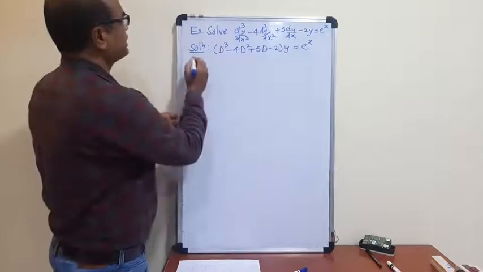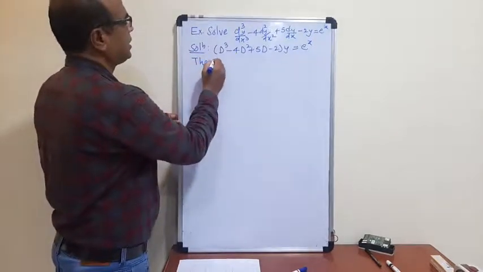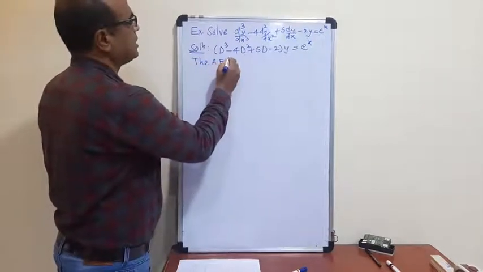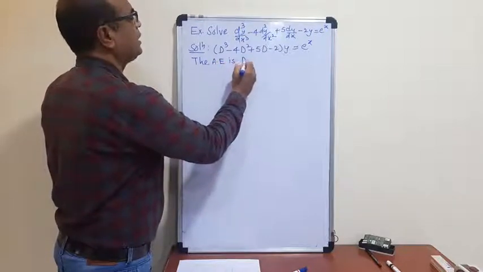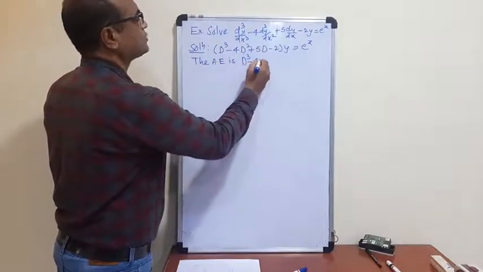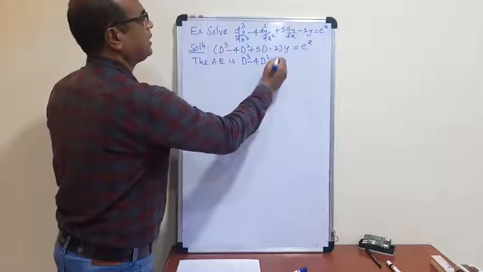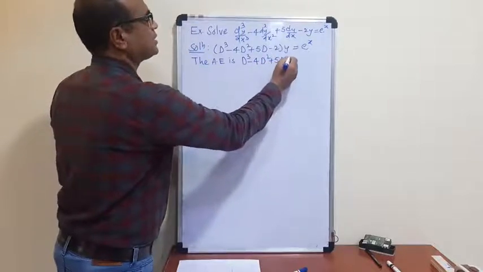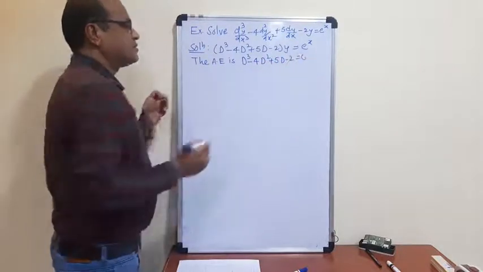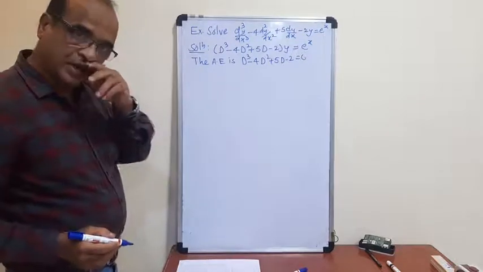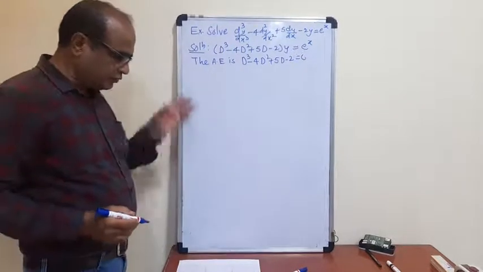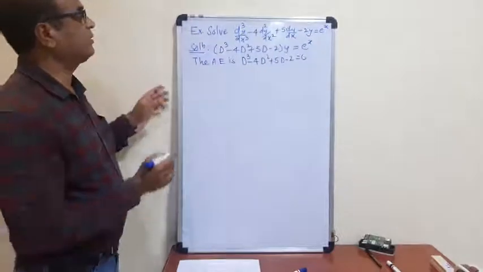So what is the auxiliary equation? The auxiliary equation is D cube minus 4D square plus 5D minus 2 is equal to 0. This is a third degree algebraic equation, so we have to find the three factors of that equation.